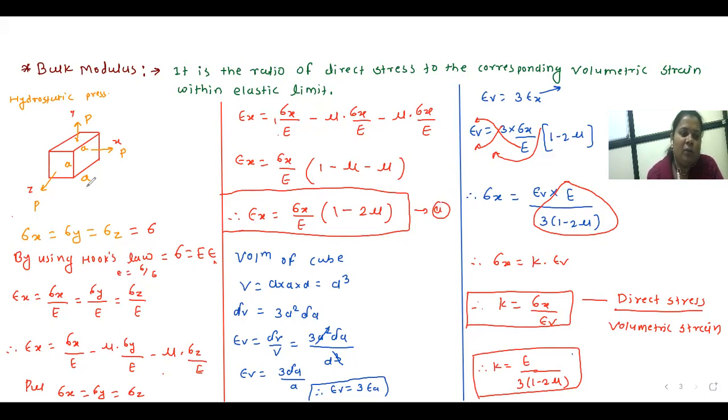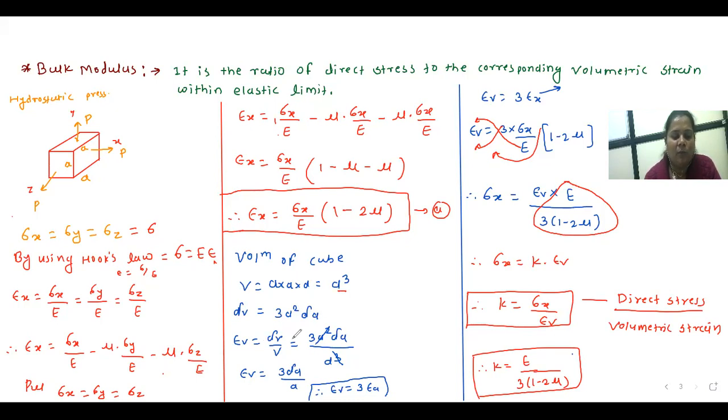Then you have to find out the volume of this cube. The dimension of this cube is a, so volume is a into a into a, so a cube. And whenever you have to find the change in volume, del V is equal to 3a square into del a, because you have to take the derivative of a cube, and the derivative of a cube is 3a square del a.